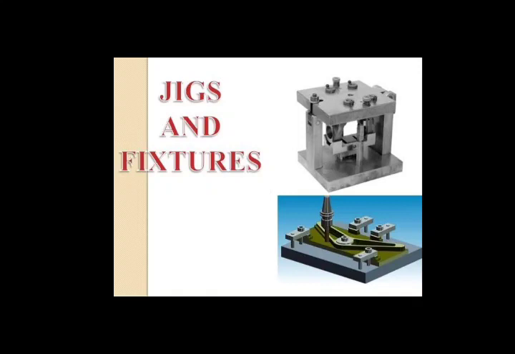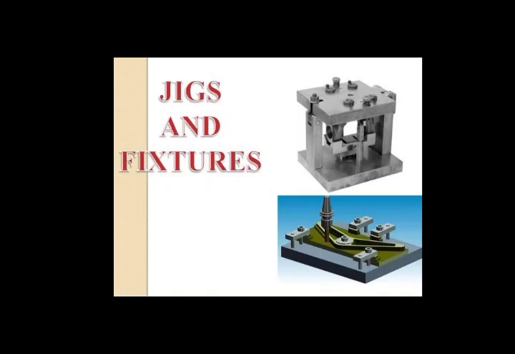A jig is a device which holds and positions the workpiece as well as locates and guides the cutting tool relative to the workpiece. A fixture is a work holding device which only holds and positions the work accurately but does not guide or locate or position the cutting tool. Jigs and fixtures are used in the manufacturing of duplicating parts accurately and precisely.